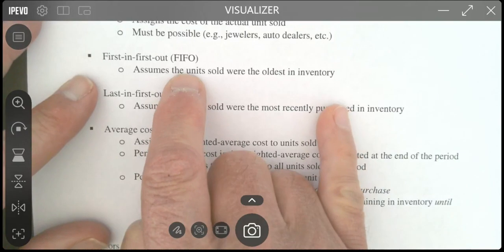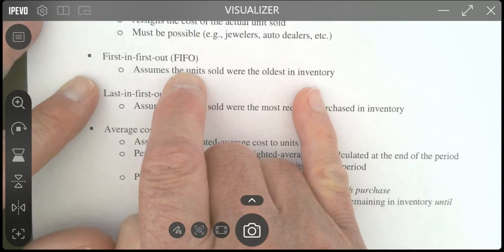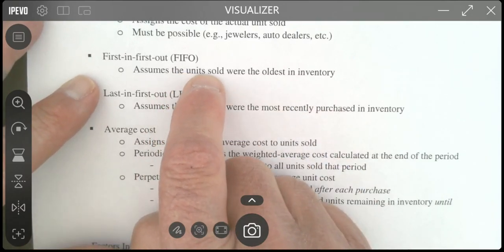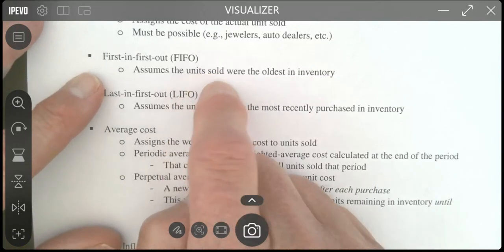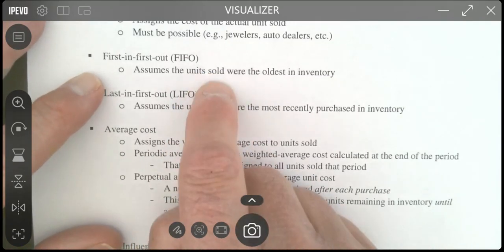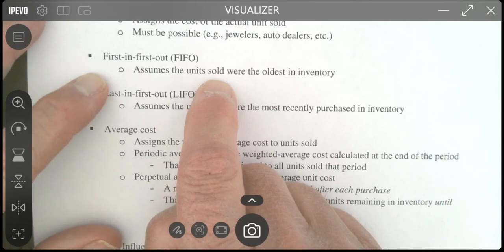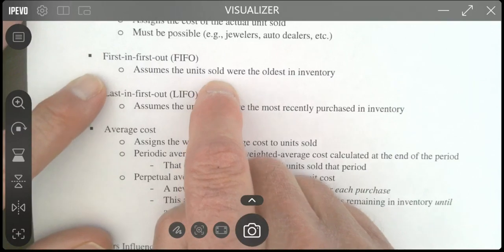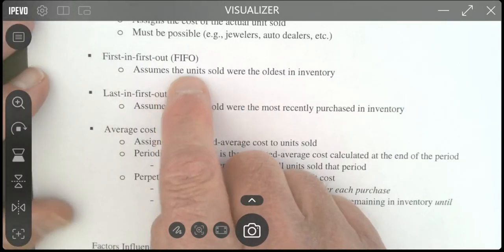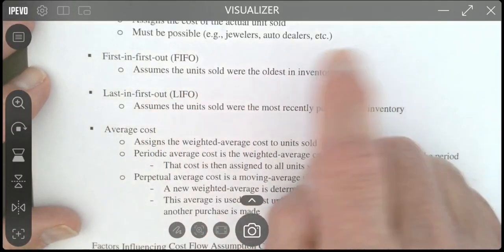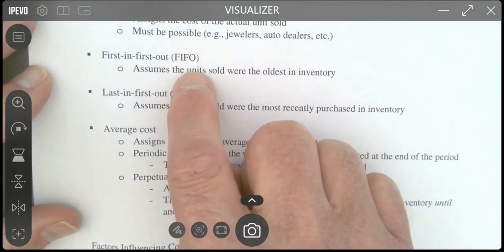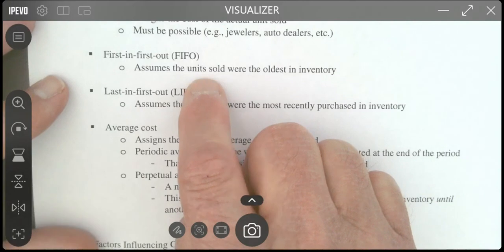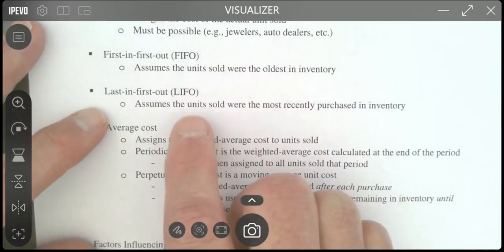FIFO is what the grocery store is certainly trying to make happen when it puts the older milk jugs for sale in the front of the shelf, and the ones that are not as close to expiration date will be further back. That's a FIFO physical inventory flow. Again, the grocery store does not have to choose FIFO, but one could argue certainly in the case of its milk inventory, it's trying to create a FIFO flow.